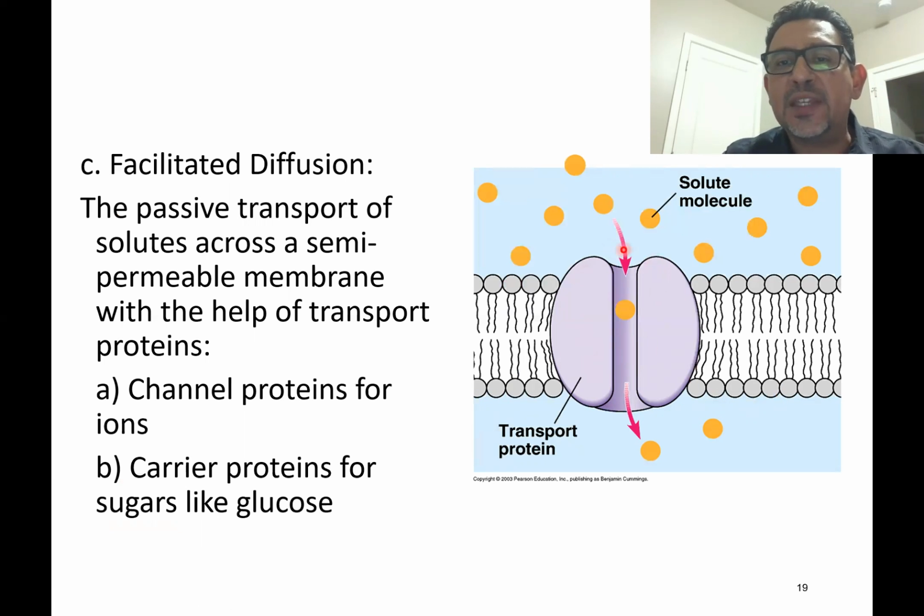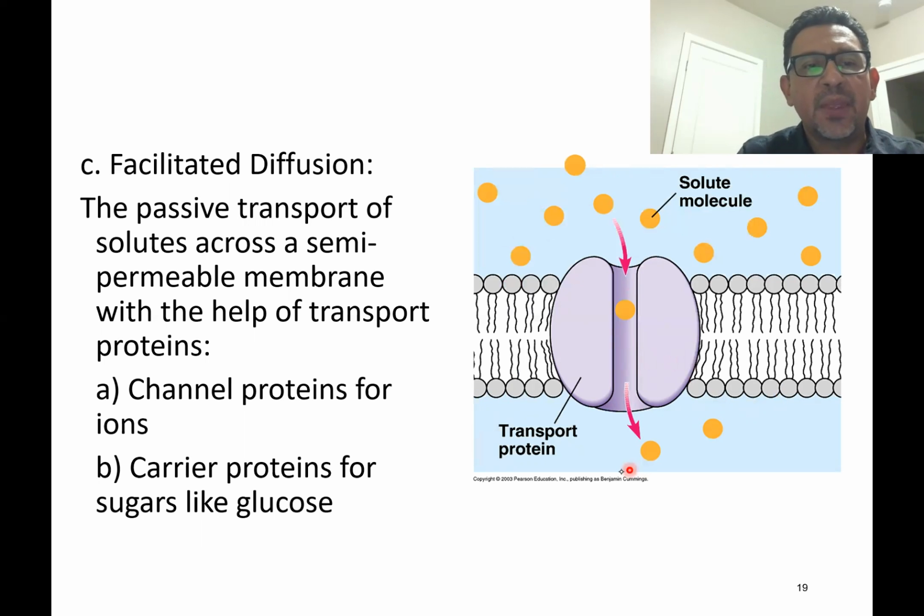So this channel protein, which is a transport protein, can allow for solutes like sugars to move in. This transport protein may be one like an aquaporin that allows for water molecules to go from one side of the cell to another.